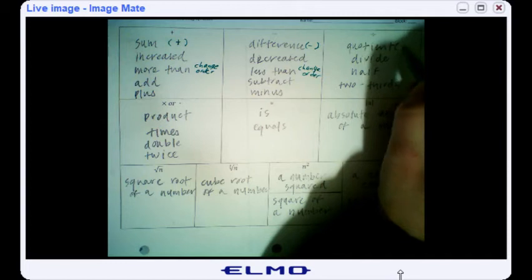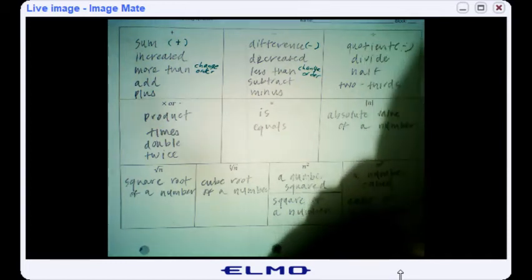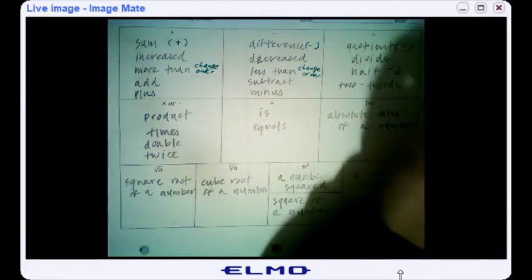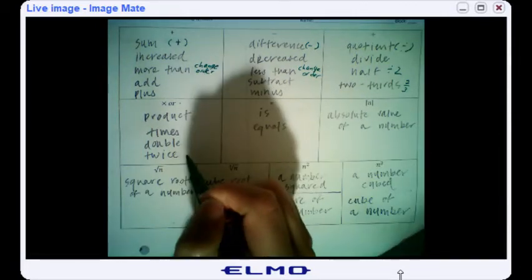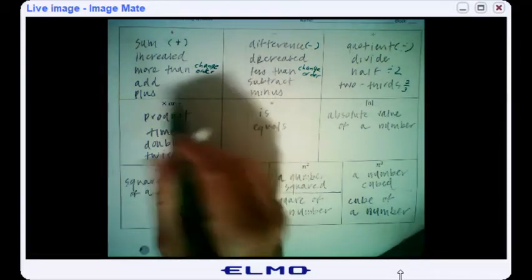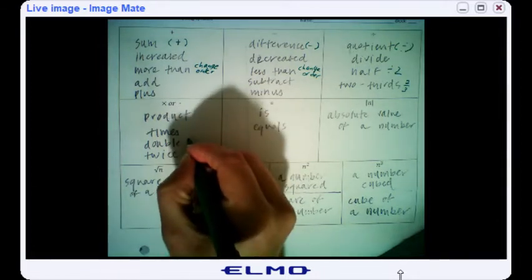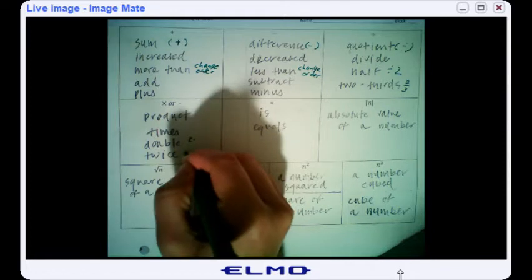Quotient can be division within parentheses. Half means divide by 2. And 2/3 would be your fraction. These mean multiplication. Double would be 2 times, and twice is also 2 times.